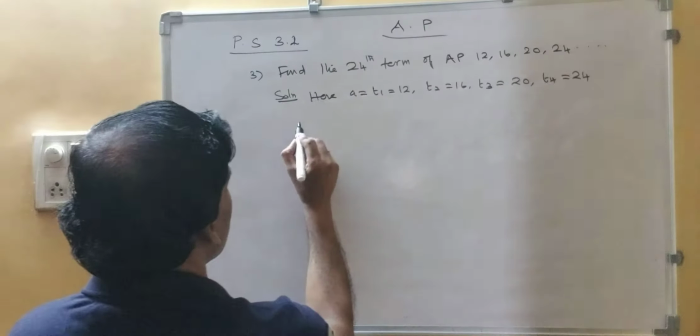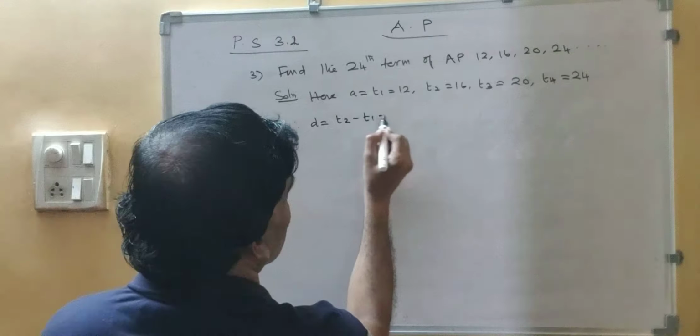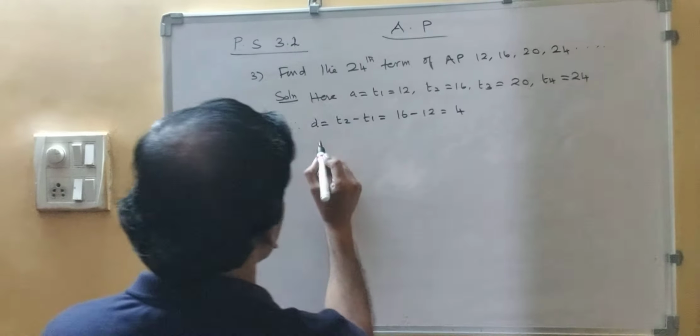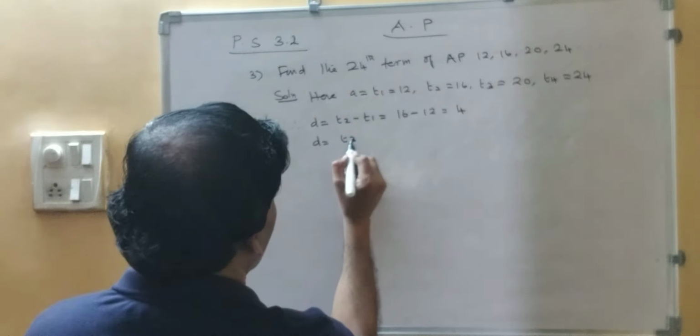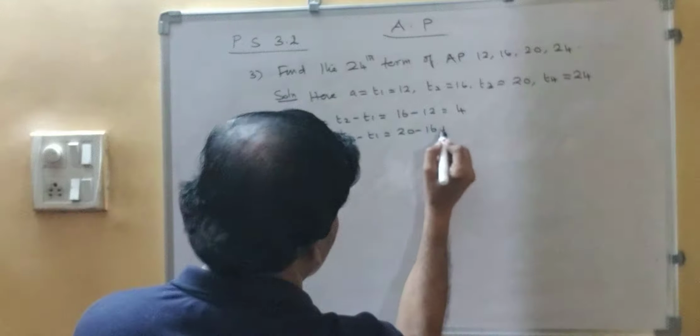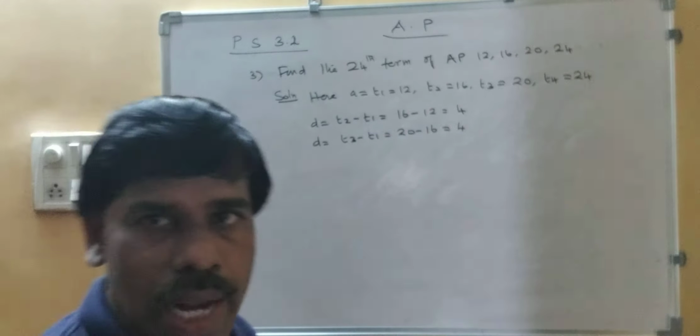Okay. So now D equal to T2 minus T1 equal to 16 minus 12 equal to 4. Similarly, T3 minus T2 equal to 20 minus 16 equal to 4. So therefore common difference is same, right?